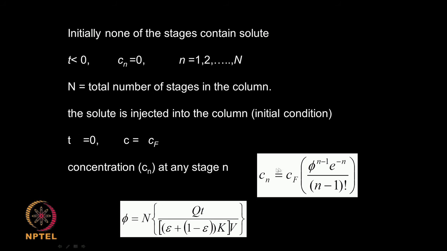With this equation we can calculate the concentration of the solute leaving any stage as a function of stage as well as a function of time, when I inject a sample at t equal to 0 of concentration Cf. So, you have solved this set of differential equations for the linear isotherm.